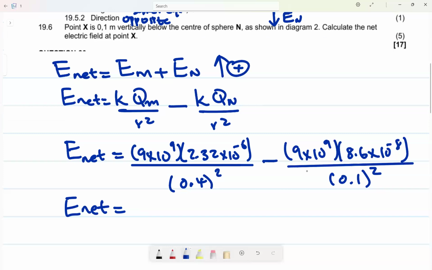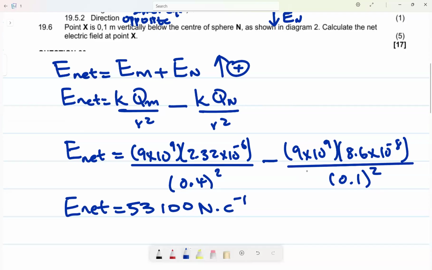What is happening here? I think my calculator was set in a wrong way. So the answer that I get there is positive 5300 Newton per Coulomb.